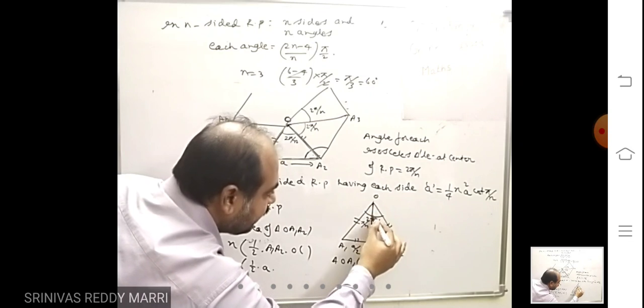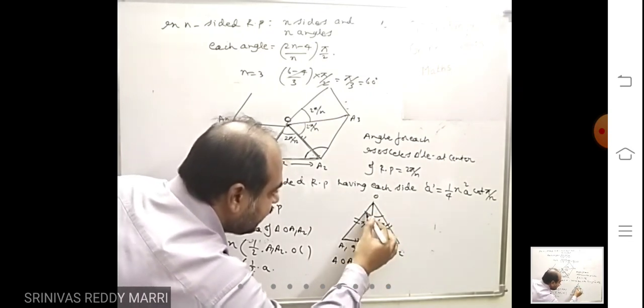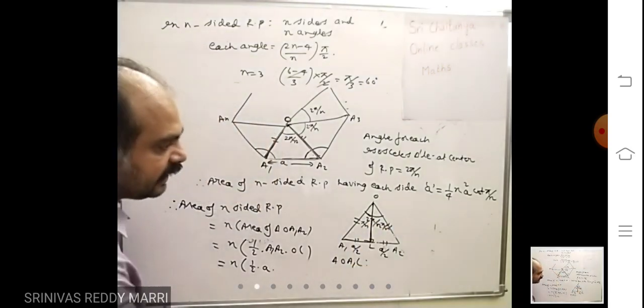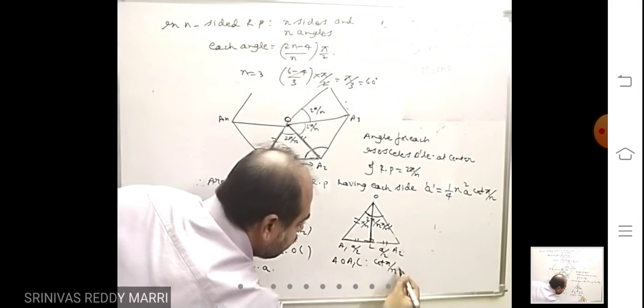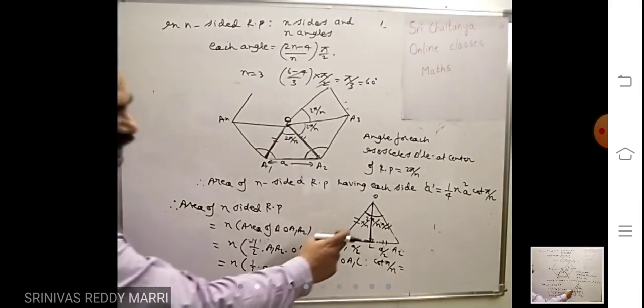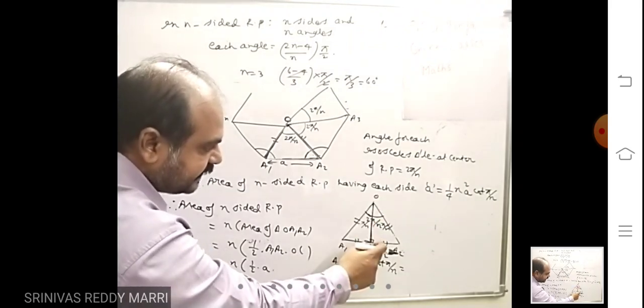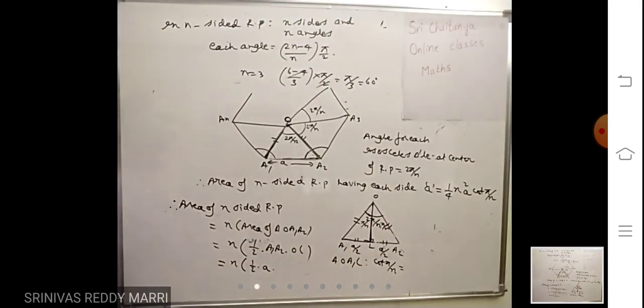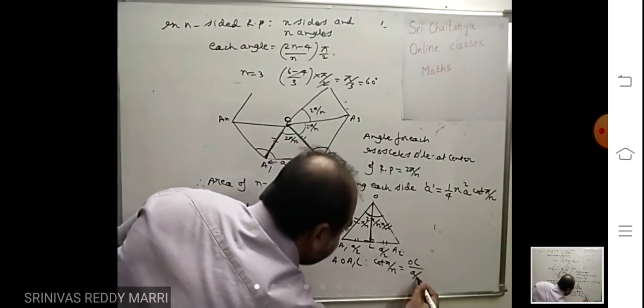Now in this triangle OA1L, this angle is pi by n. Now I am writing cot pi by n in the triangle. Cot pi by n is nothing but, I want to calculate OL. Cot pi by n is adjacent side divided by opposite side, that means OL divided by A by 2.